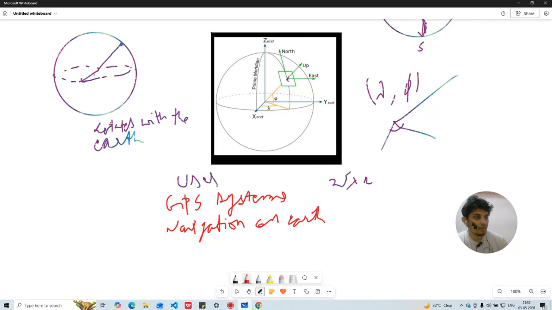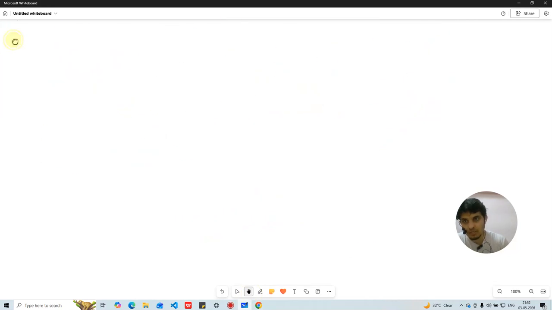Now we go to the ECI frame, Earth Centered Inertial frame. ECI, very important.